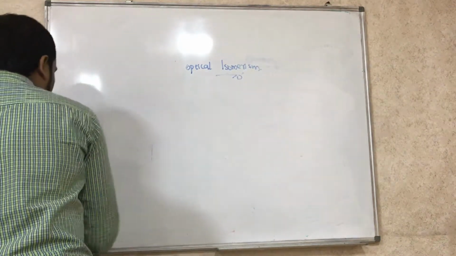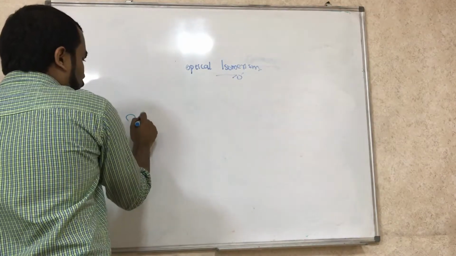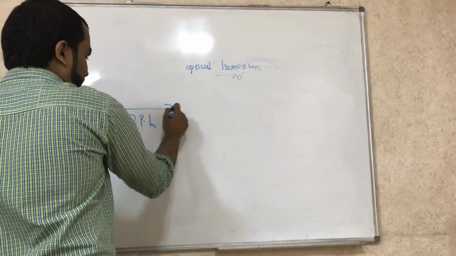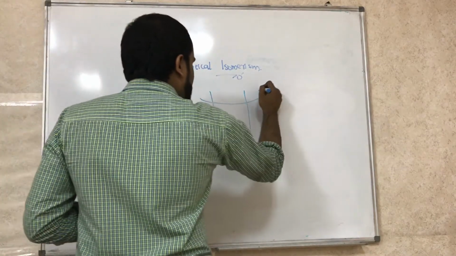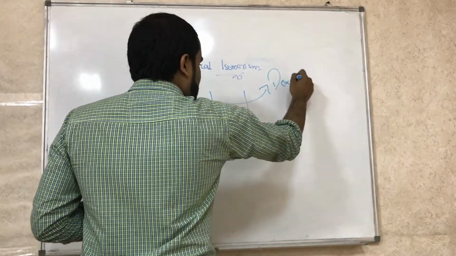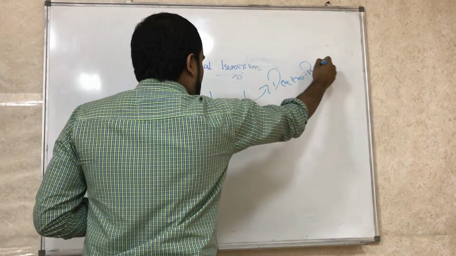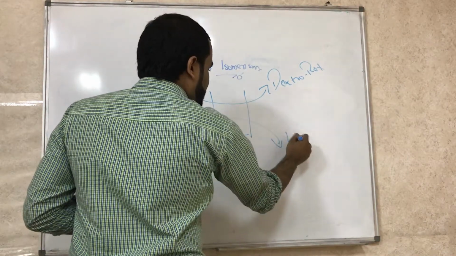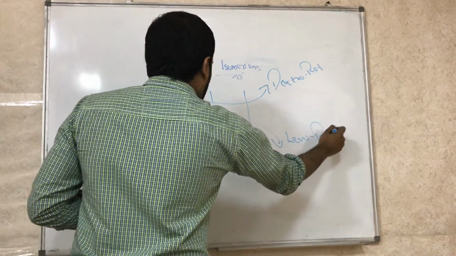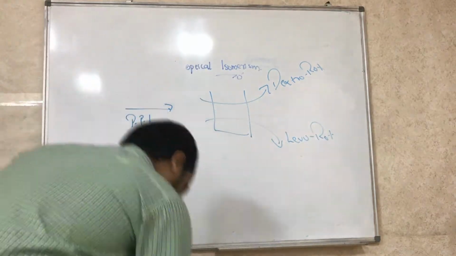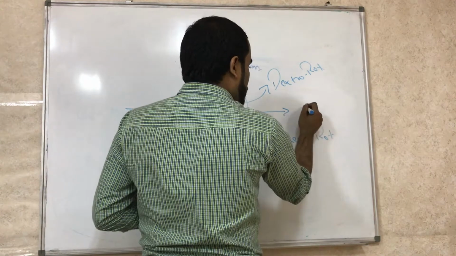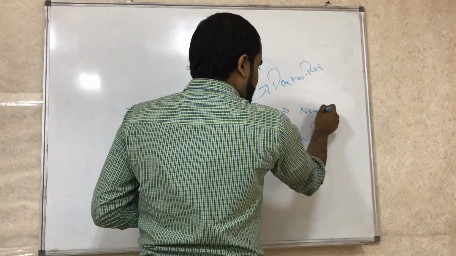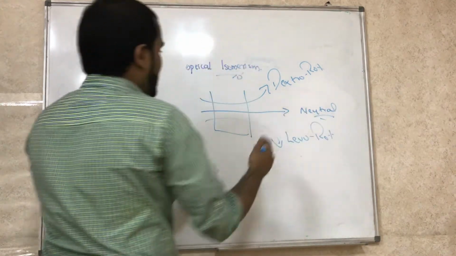See, if you pass plane polarized light through a substance, glucose or fructose, sometimes they will rotate to the right side, this is dextrorotatory, or sometimes they will rotate to the left side, levorotatory, or sometimes the light itself passes straight, that is called neutral, or there doesn't form any optical isomerism.